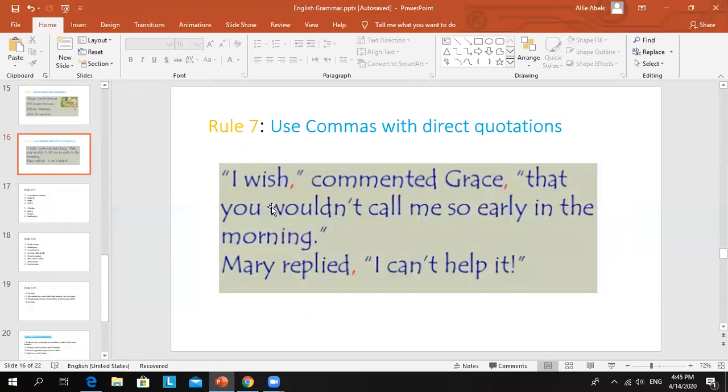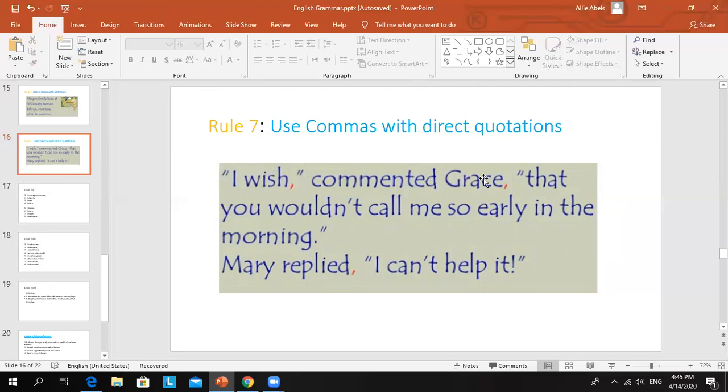Then the seventh and final rule. We also need to use commas with direct quotations. So when I write that someone else said this, then I need to use a comma as well. In this example, we see "I wish" in inverted commas, meaning I'm quoting someone. Who did we quote? Grace.